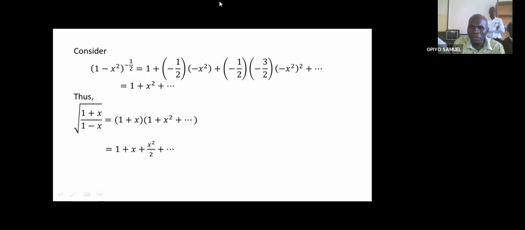So in that case, we can consider the expansion for 1 plus, let me use y, 1 plus y.